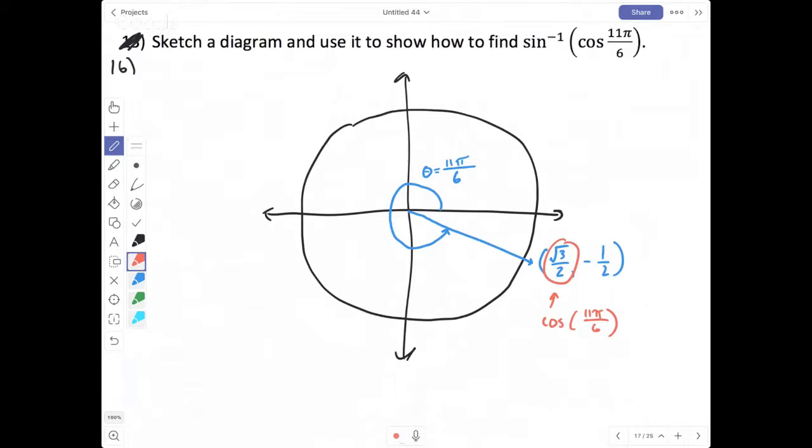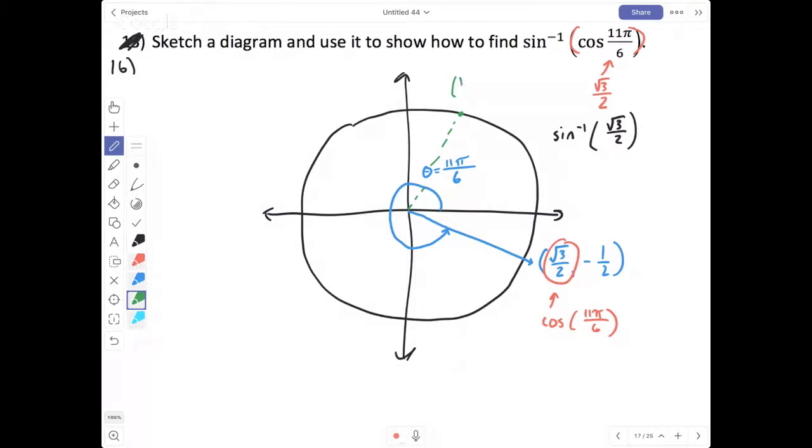Because I now know that cosine of 11 pi over 6 is equal to root 3 over 2, I can rewrite this as the inverse sine of root 3 over 2. Which means my new question is, what angle has a sine value of root 3 over 2? The sine is the y value, so I'm going to go up to the spot where we've got a sine value of root 3 over 2.